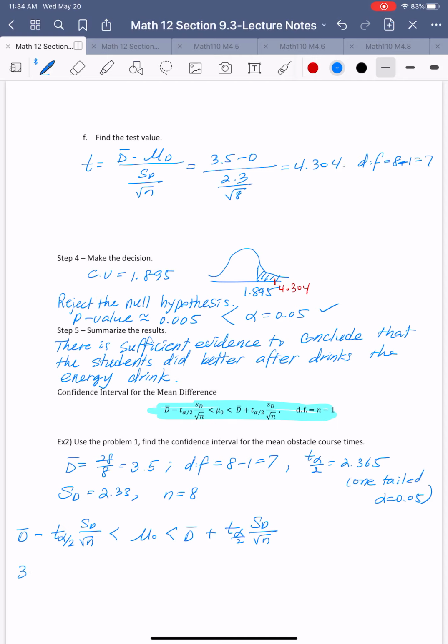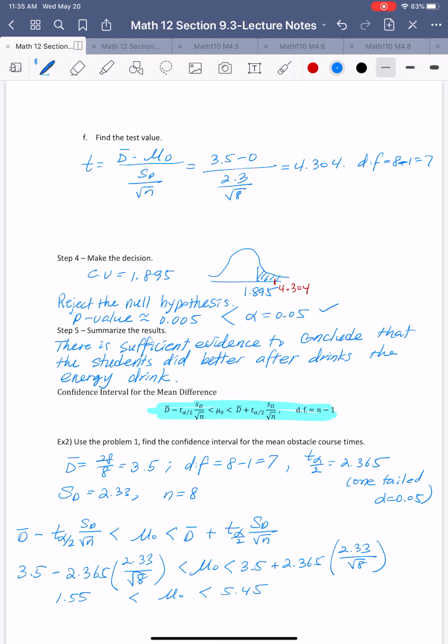So D bar is 3.5, subtract 2.365 times 2.33 over square root of 8, and D bar, which is 3.5, plus 2.365 times 2.33 over square root of 8. Simplifying, 1.55 to 5.45. There's no 0, so 0 is not included.